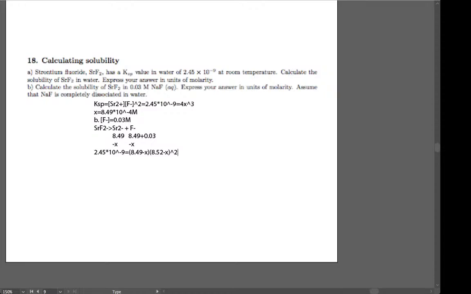So it's the cube root of 2.45 times 10 to the power of negative 9. There should be a multiply there. Times 10 to the power of negative 9. Close it. Divide the thing by 4. Close the entire thing.